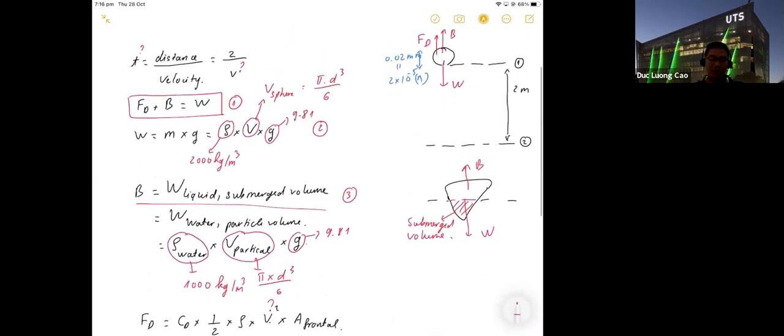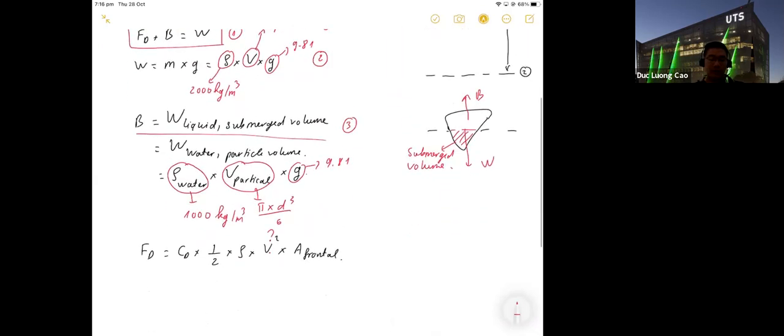From equations 1, 2, and 3, you can find FD. Now have a look at this equation. What do we have? The density is the density of the fluid.